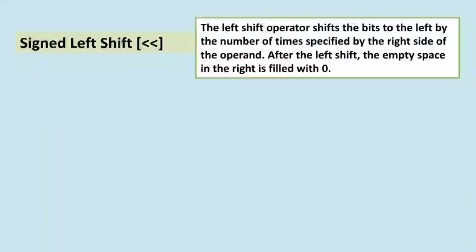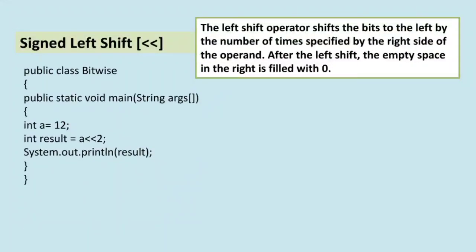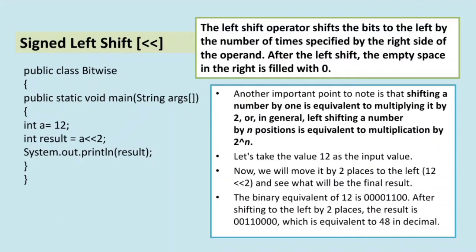Then you come to the left shift operator. In the left shift operator, what happens? It removes the bits from the left hand side and adds zeros at the right hand side, and whatever value comes will show on the screen. Suppose one example is given: a equal to 12, then a left shift 2.